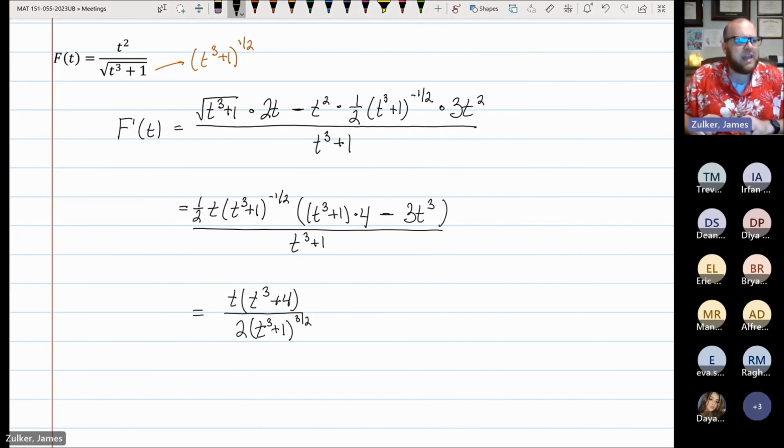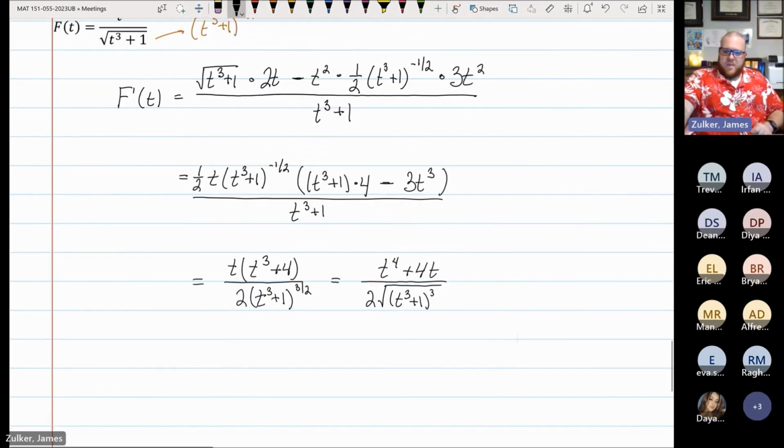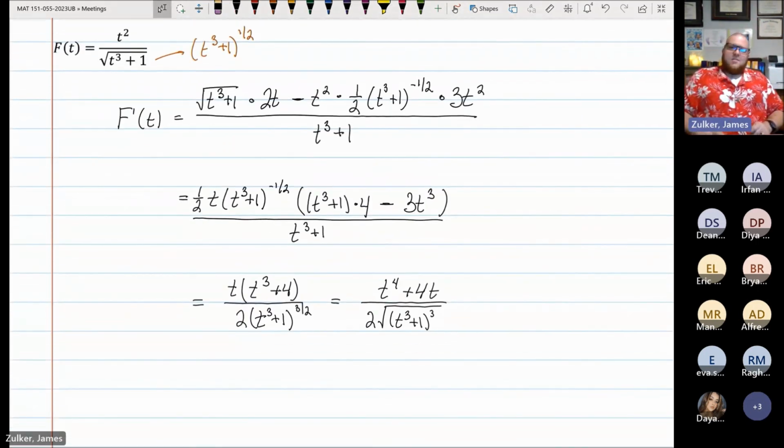I'm going to leave it as 3 halves. I don't really feel like writing it as t cubed plus 1 times the square root of t cubed plus 1. I mean, I suppose I could write it this way, just to get the radical back and make it look like how it was presented.